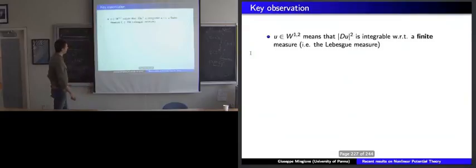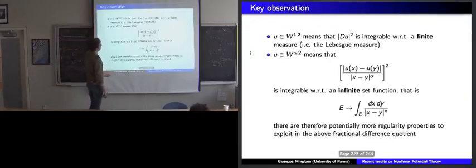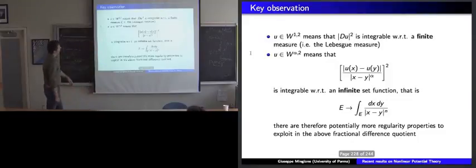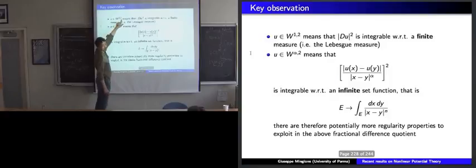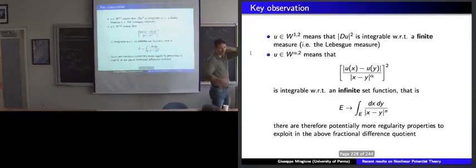Now, if you want to prove this, then the idea is the following one. Okay, if you are in W^{1,2}, what does this mean? It means that the gradient squared is finite when you test against a locally finite measure, triviality.